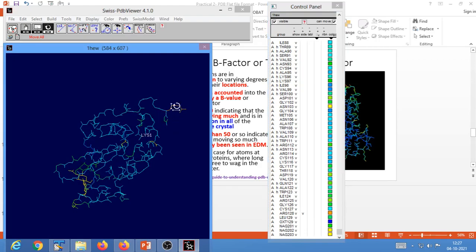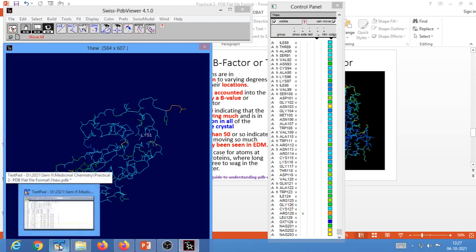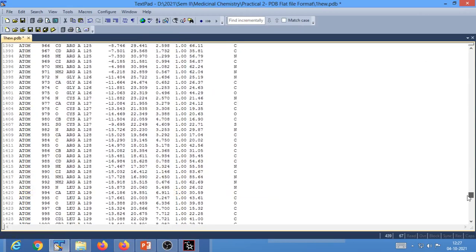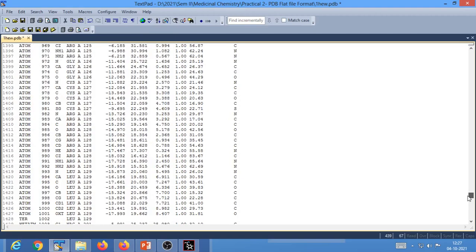Okay, well, now let us try to locate where exactly this arginine 128 is located in your PDB file. Okay, it is one of the last amino acid residues, 128, and you can see the data for arginine 128. The backbone atoms have the highest B factor value, 85 and 85, right?